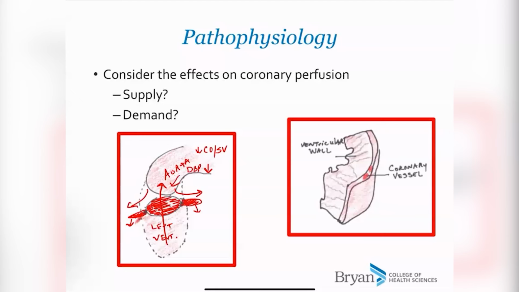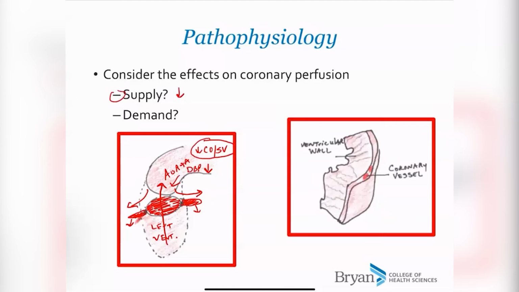So if we think about the impact of obstruction and the fact that we don't have as much cardiac output, stroke volume, and therefore decreased blood pressure, for supply, that means that we have decreased supply because we have decreased beginning pressure.